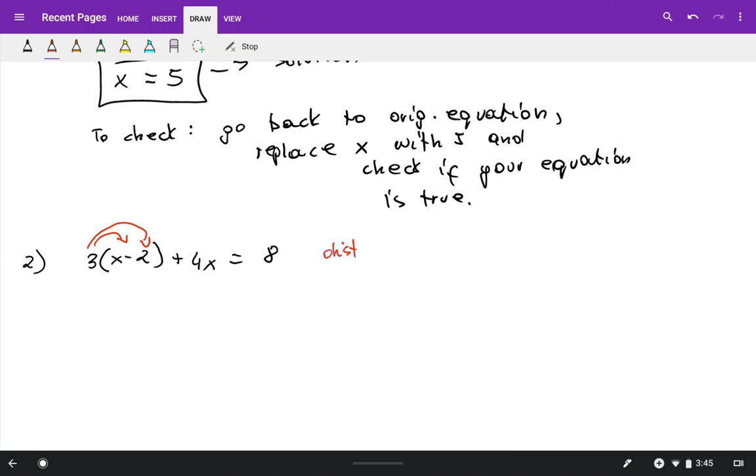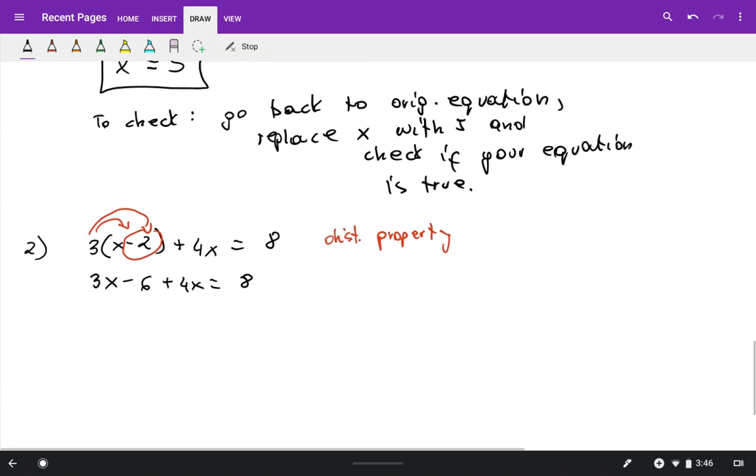So we're going to apply that distributive property. I multiply 3 times x, that will give me 3x, and I multiply 3 times negative 2, that will give you negative 6. And then I copy the rest, plus 4x equal 8.